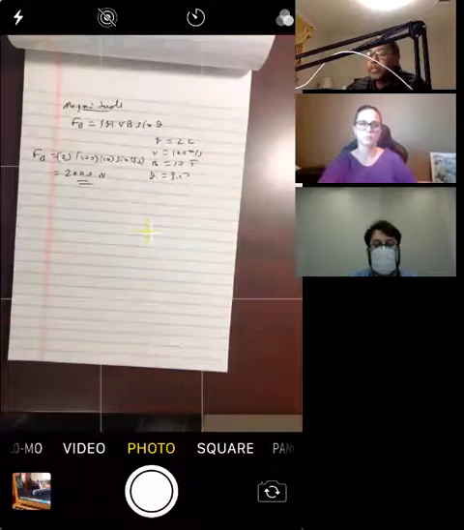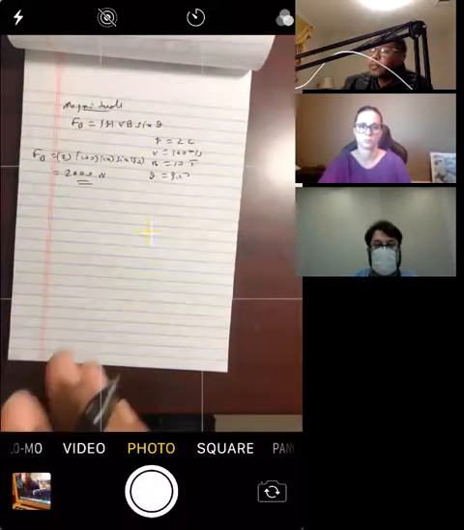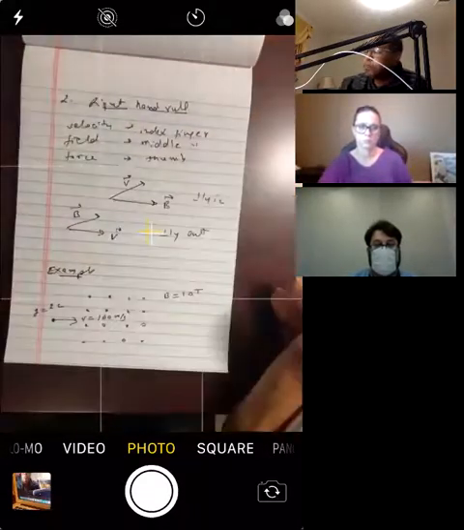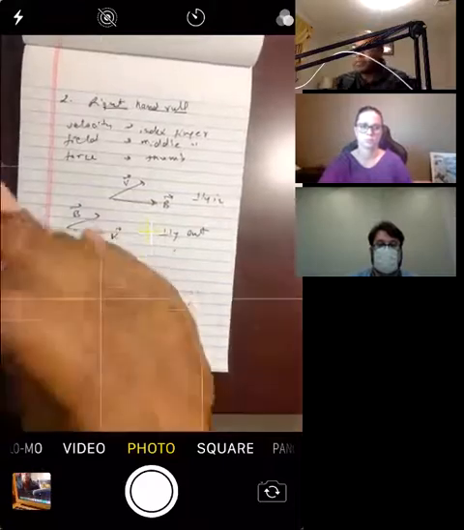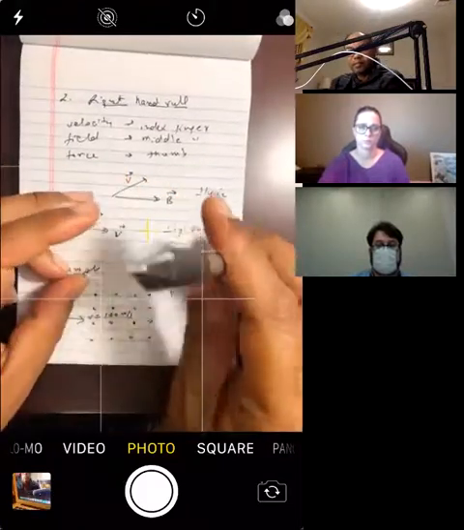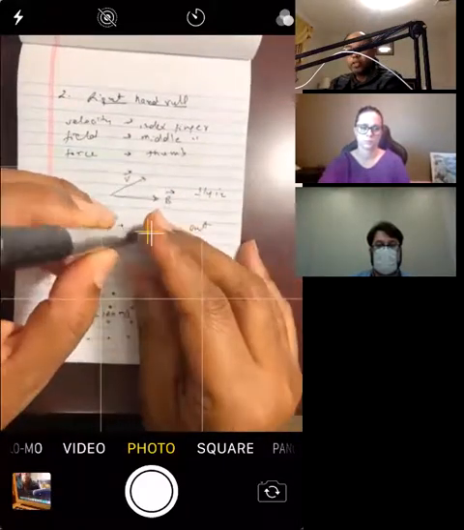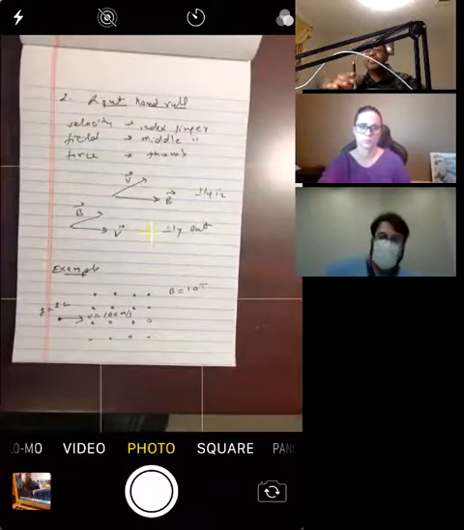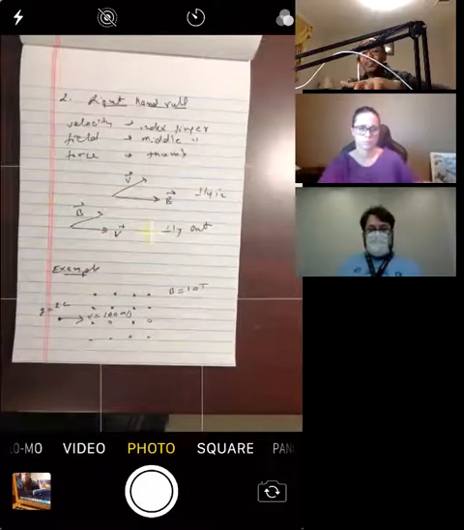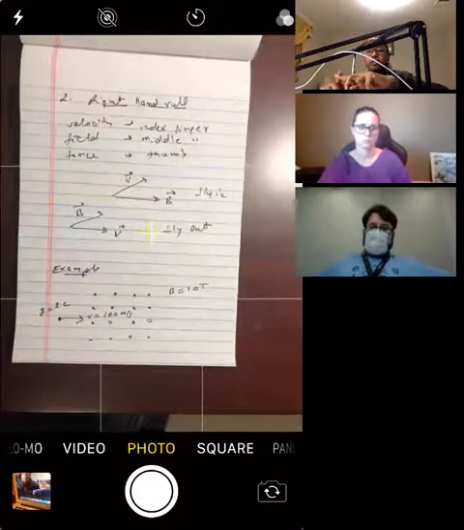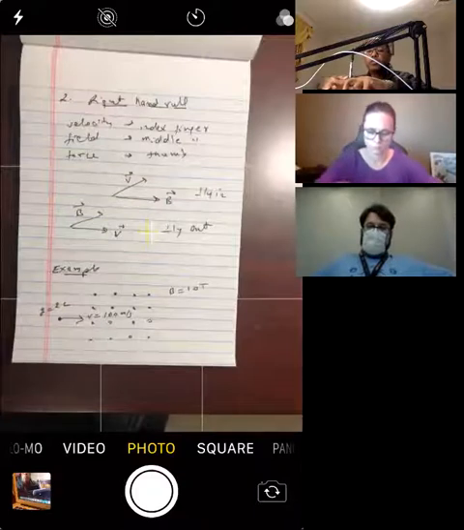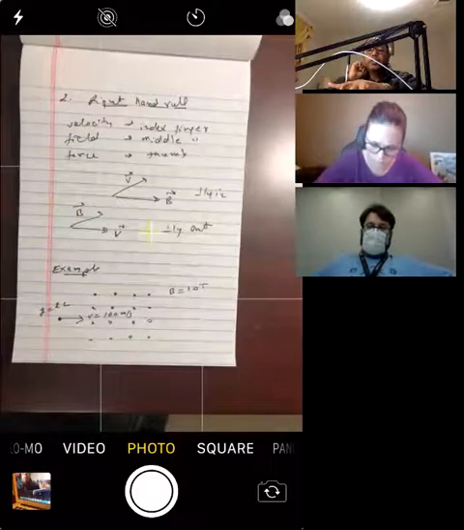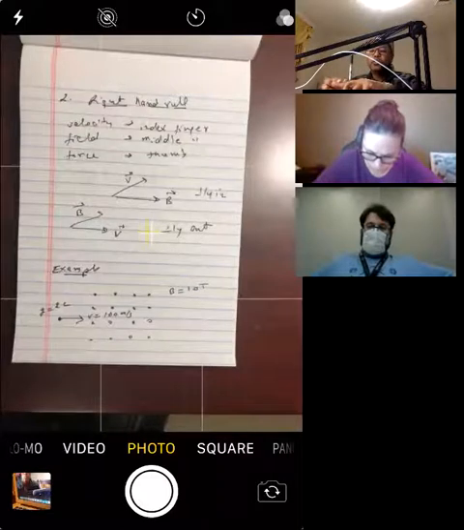Now let's look at the direction, okay? So the field is perpendicularly out of the paper. This is the velocity, okay? Now you put your screw at the intersection point, you got to rotate from the velocity towards the field.